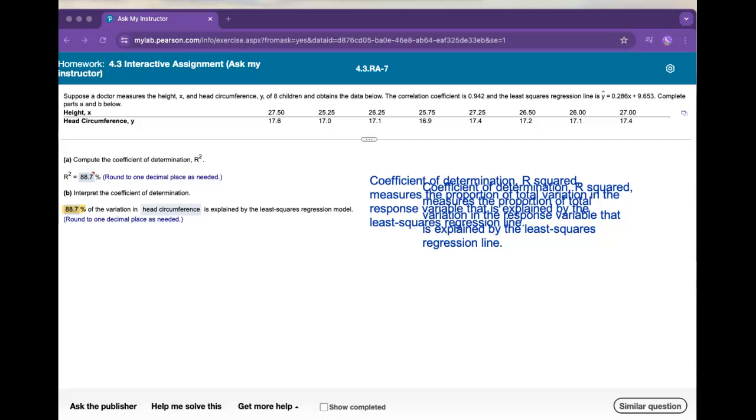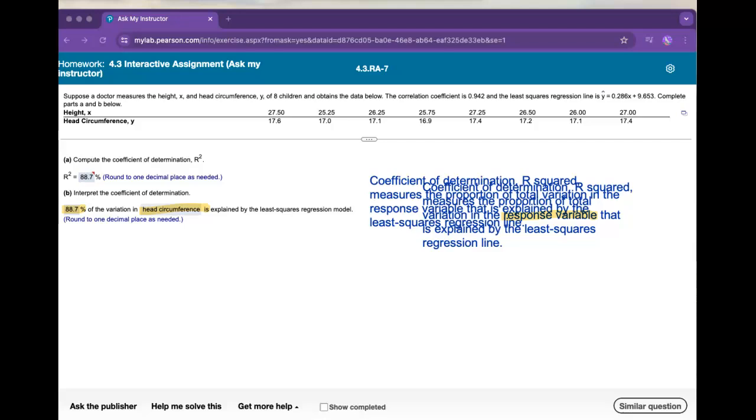The proportion of total variation in the response variable. So the response variable, when we look at height and head circumference, is the head circumference. That's the value of y that you're going to determine by using your least squares regression model.